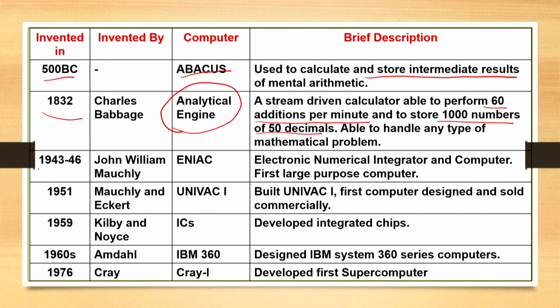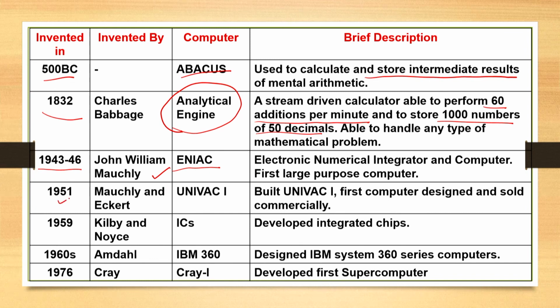After that, during 1943 to 46, ENIAC computer was invented by John William Mauchly. ENIAC stands for Electronic Numerical Integrator and Computer, which was the first large computer and its size is very large. A room is required to store it.